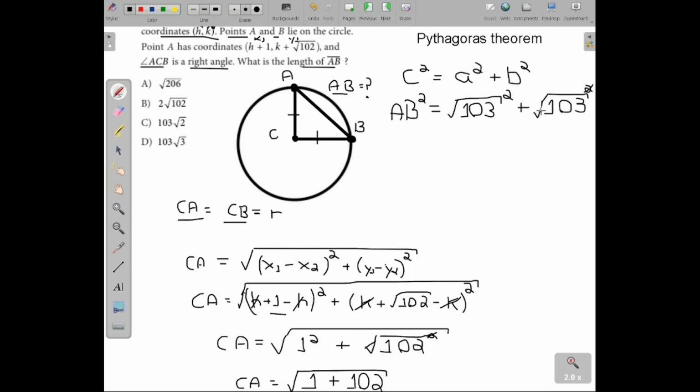We can cancel out the square root with the square, and we'll have that AB squared is equal to 103 plus 103, which is 206.